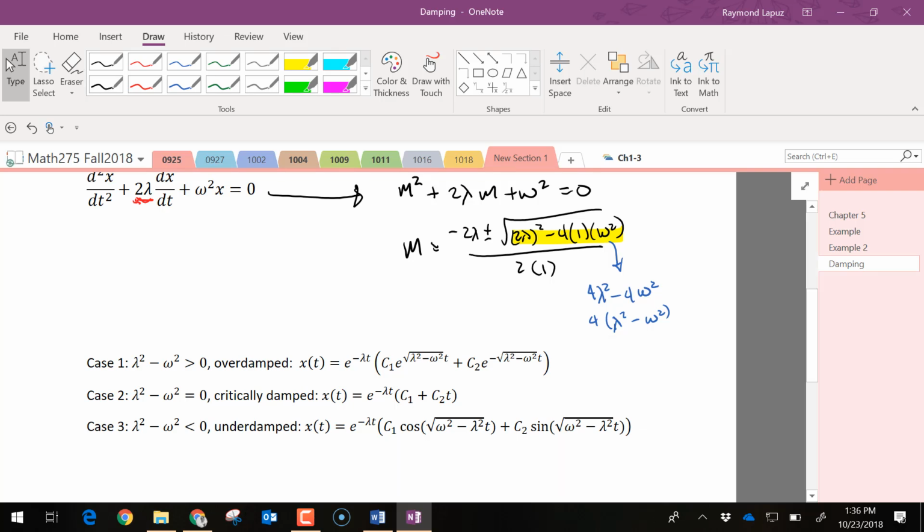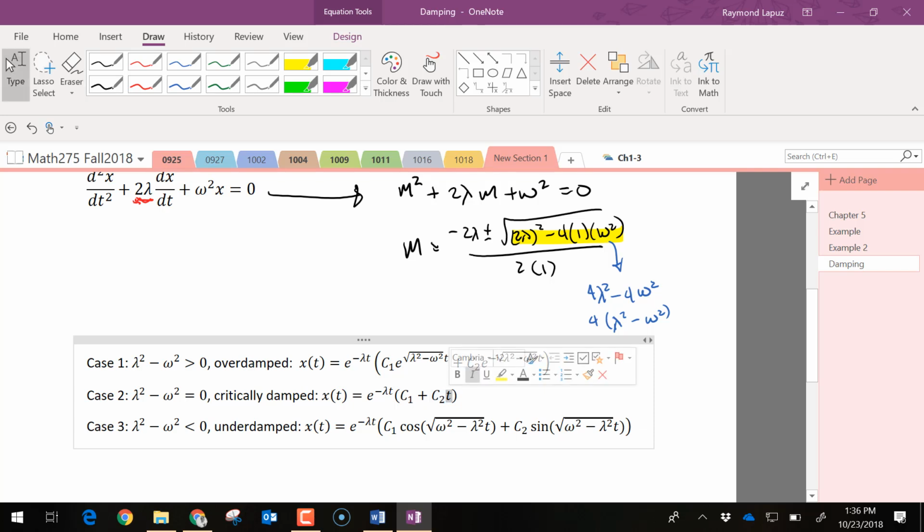If the discriminant is equal to 0, then we have 2 real roots, and the 2 real roots will have e to the m, or in this case it would be e to the negative lambda t, plus the other solution would be t times e to the negative lambda t. So that's a case where you have repeated roots. And then the last case is that when you have imaginary roots, you involve your sine and cosine.